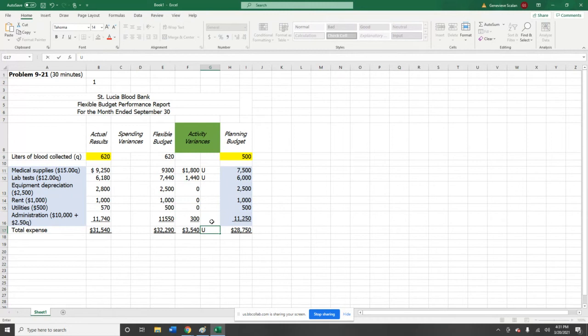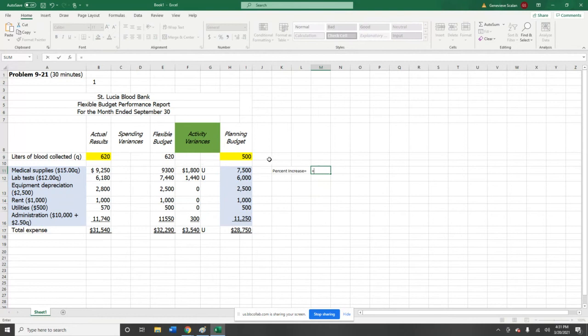And you know, I don't think that's a big deal. Let's see what the percentage increase is. This is not part of the problem, but I'm just kind of curious.